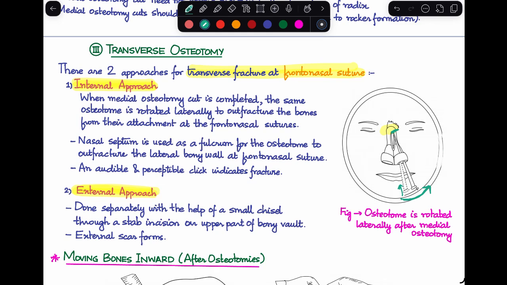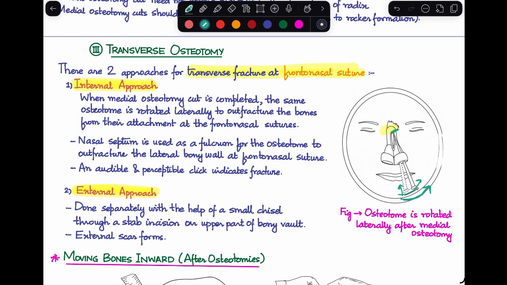At one point, you will hear an audible and very perceptible click, and that will indicate that the transverse fracture has been made. So this is our internal approach, where right after we do the medial osteotomy cut, we do not take the osteotome out, rather we rotate the osteotome laterally and place it such that we are outfracturing the nasal bones from their attachment at the frontonasal suture.